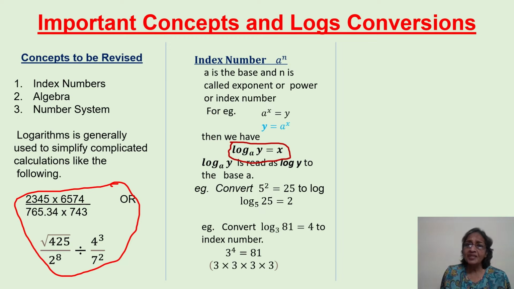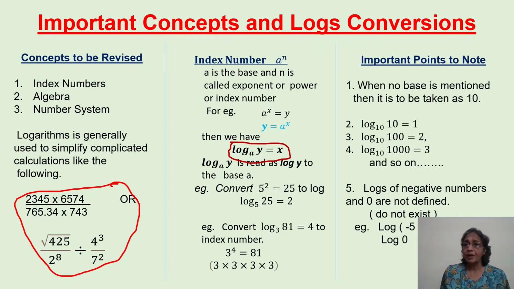Okay. So in the second part, we have converted an index number to a log and a log to an index number. You will be using this at a number of places when we solve the examples. Okay? Now the next thing that you need to remember, when no base is mentioned, then it is taken as 10.